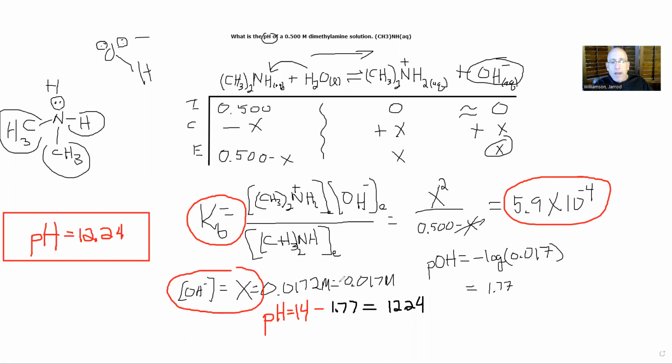If you take the minus log of this and you tell me the pH is 1.77, that's a big mistake, because this is a basic solution. If you told me the pH is 1.77, that's a highly acidic solution, but this is acting like a base. So it means you flubbed somewhere. Okay, anyway, that's how you solve these problems. I hope that helps.